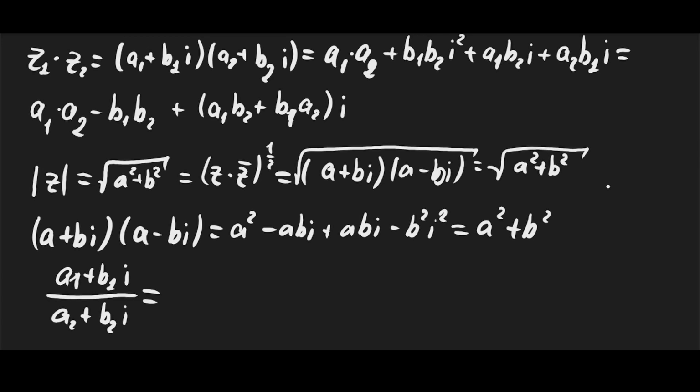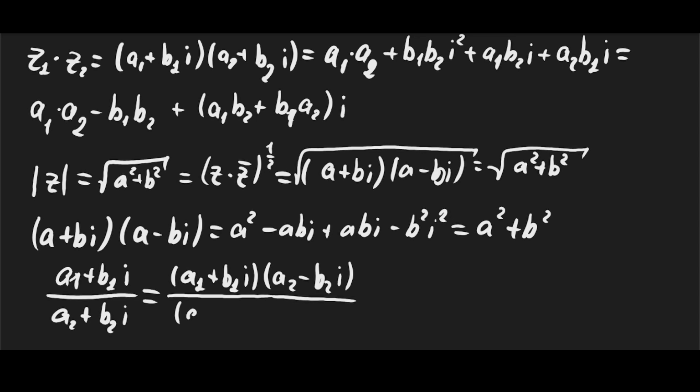In this case, we will get the denominator as a real number. Now, let's see what would happen. (a1 plus b1 times i) times (a2 minus b2 times i), divided by (a2 plus b2 times i) times (a2 minus b2 times i).